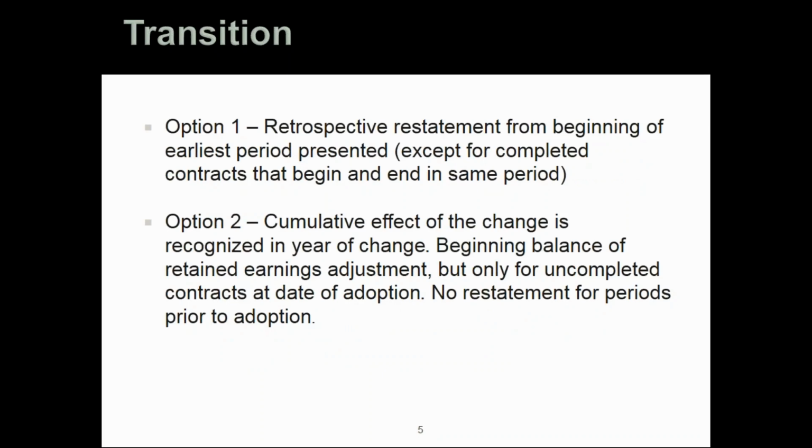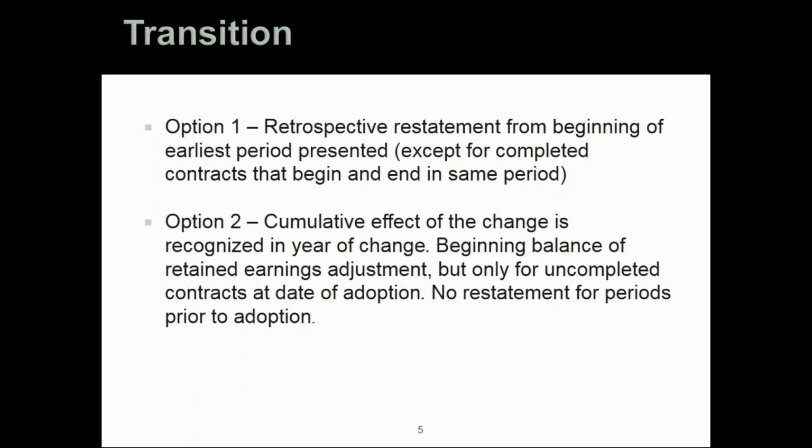There will be two basic methods of transitioning to the new revenue recognition guidance. Option one is a full retrospective restatement. So you would go back to the beginning of the earliest period presented. So if you are a non-public company adopting in 2019, you would go back and restate 2018 as well to apply the principles of the new statement with a cumulative effect accounting principle applied at the beginning of 2018.